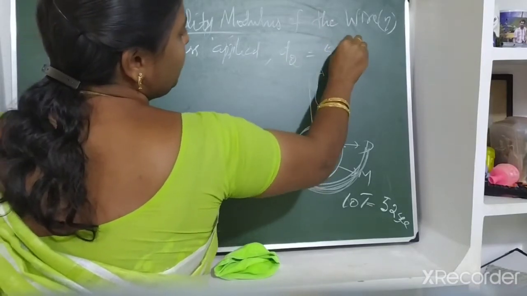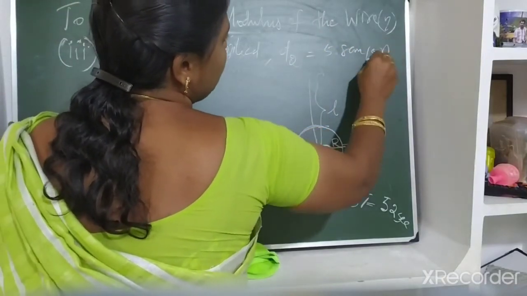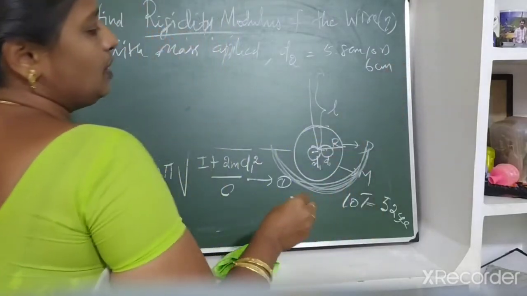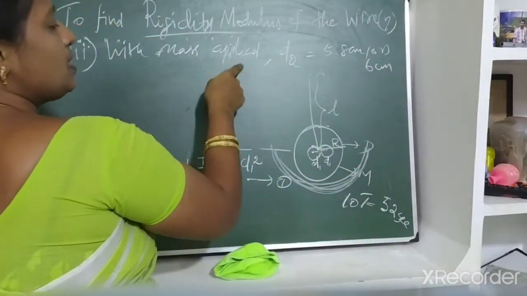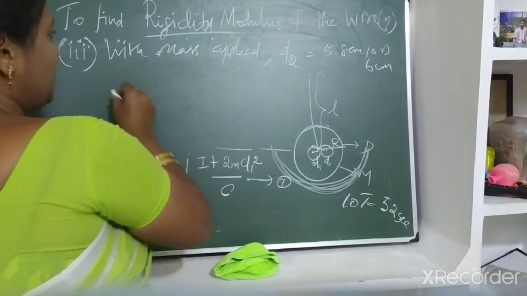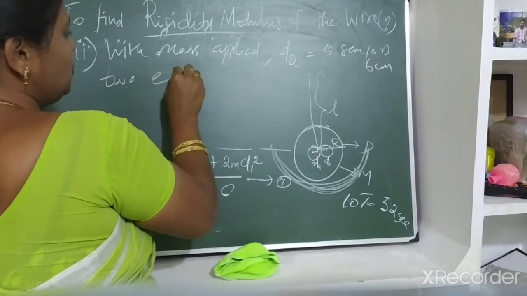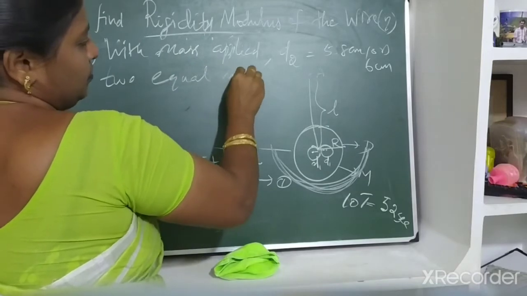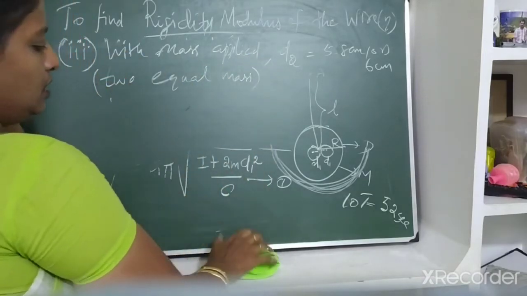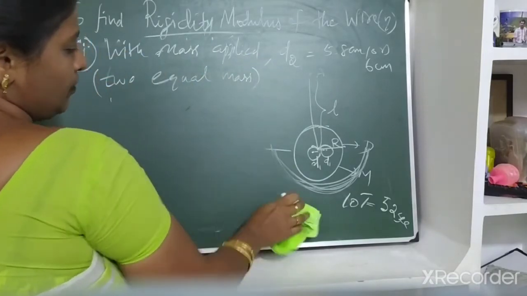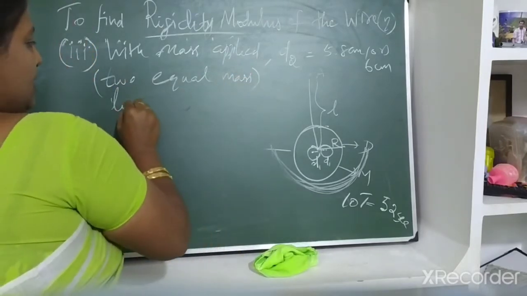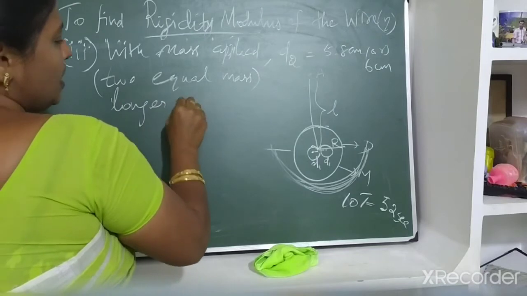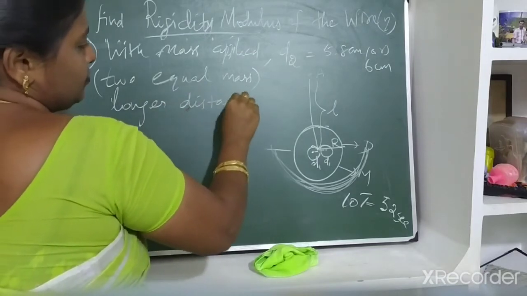D2 is, for example, 5.8 centimeter or 6 centimeter, with respect to the circular disc. So with the mass applied, 2 equal masses are fixed at this longer distance.